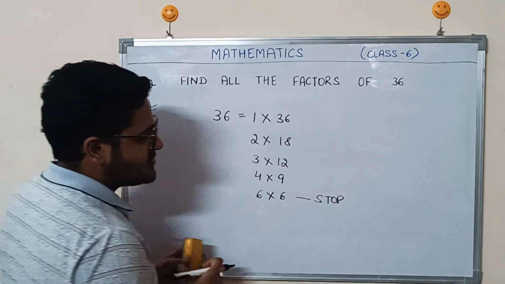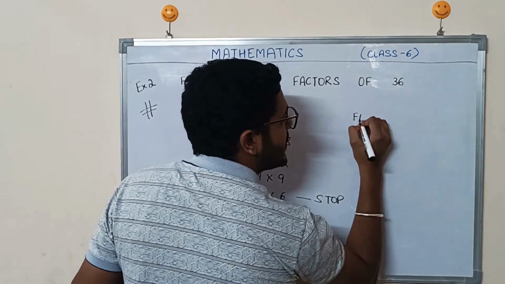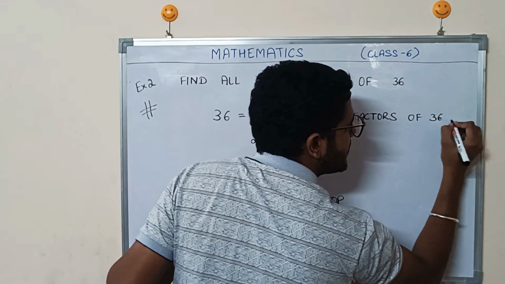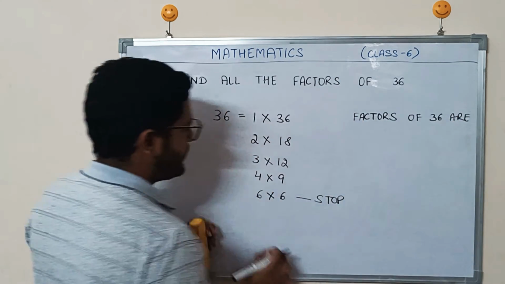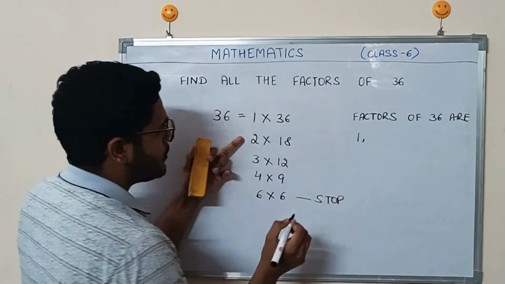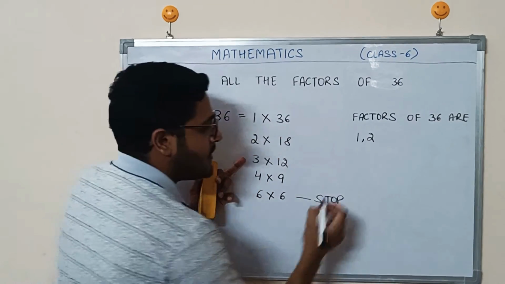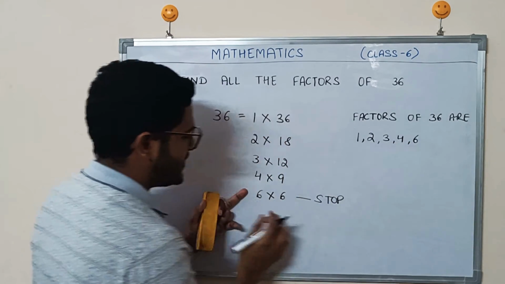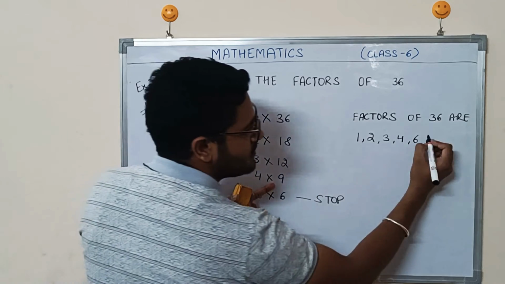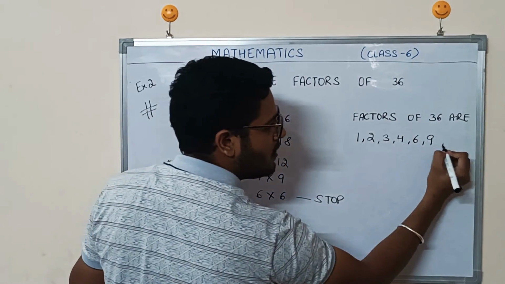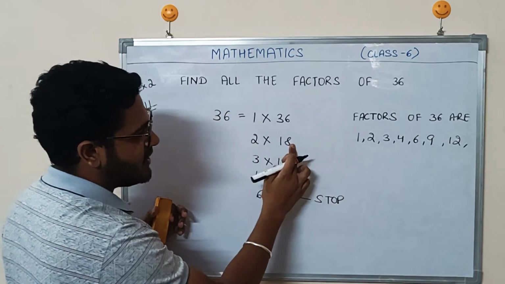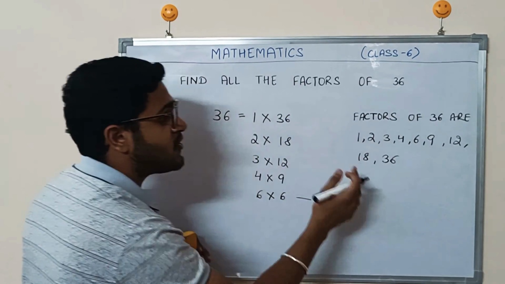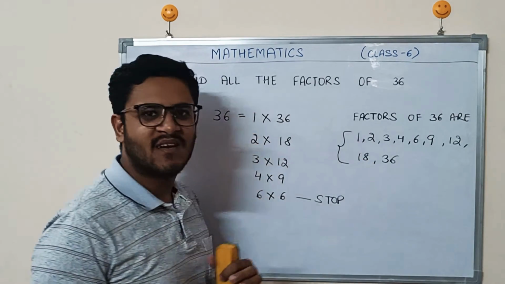So from all this, we can say that the factors of 36 are 1, 2, 3, 4, 6, then 9, 12, 18 and 36. So these are all the factors of 36.